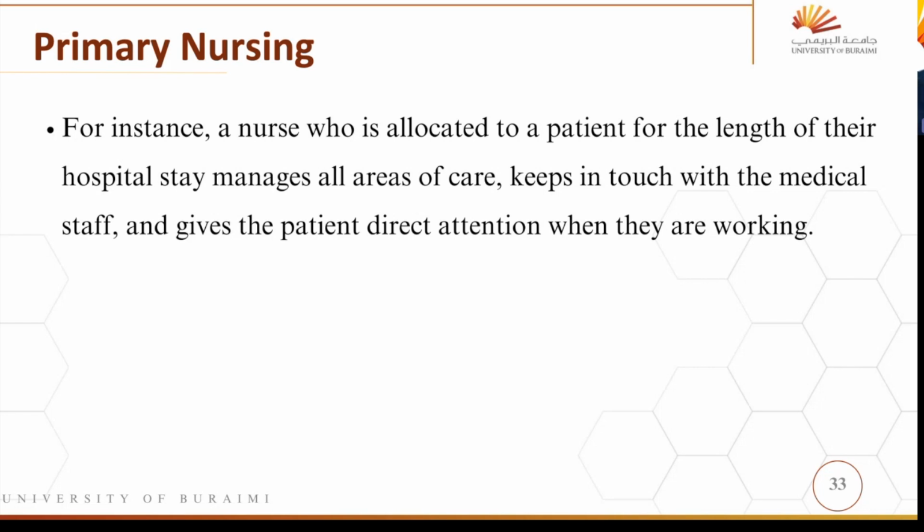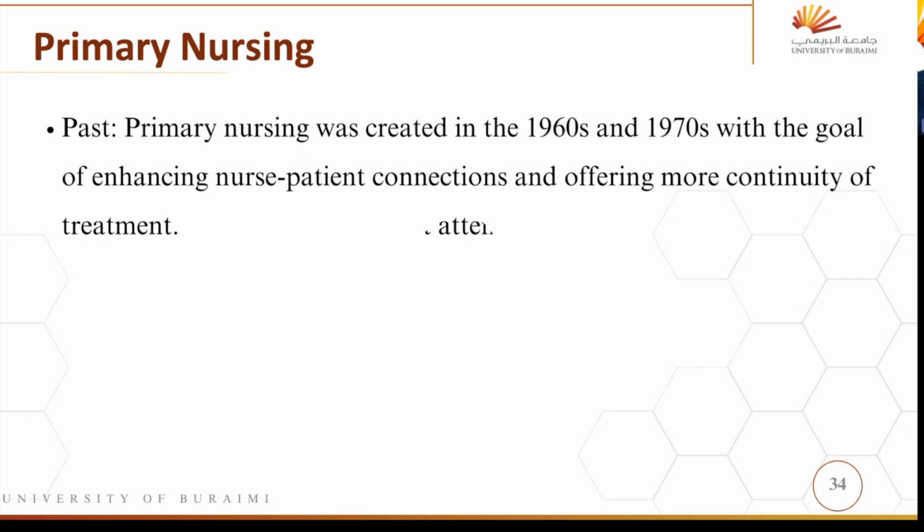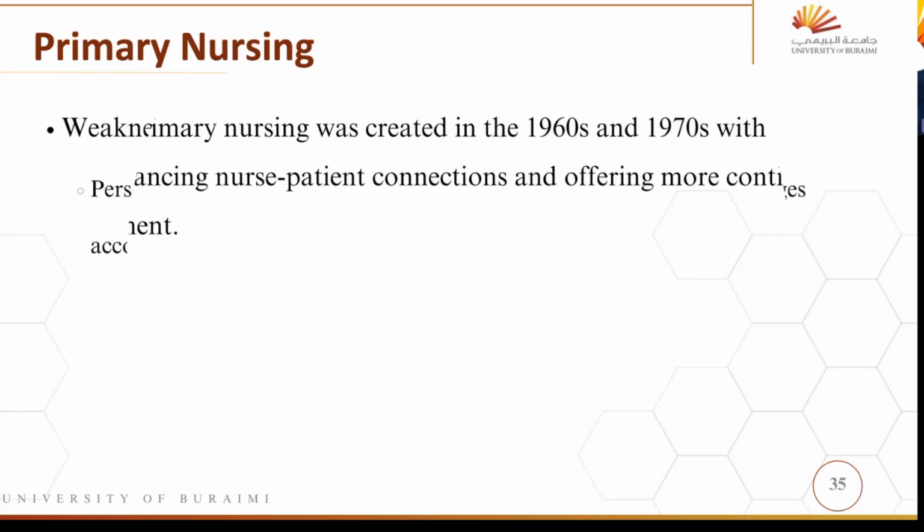Primary nursing was created in the 1960s and 1970s with the goal of enhancing nurse-patient communication and offering more continuity of treatment. In this case, the patient knows that the only point of contact will be the primary nurse. So all the needs or requirements are related to one nurse.